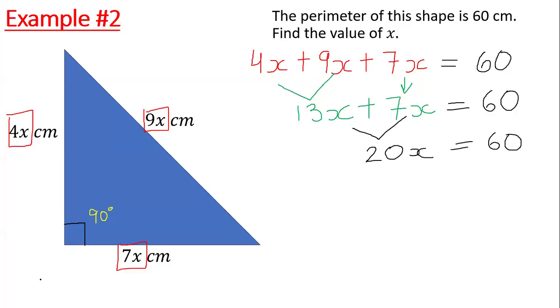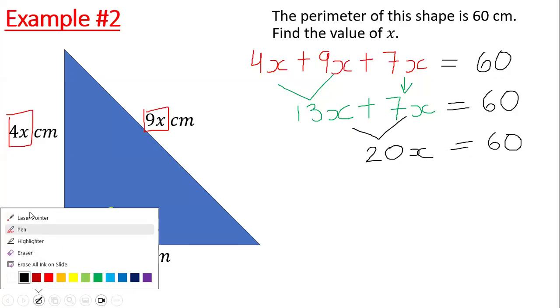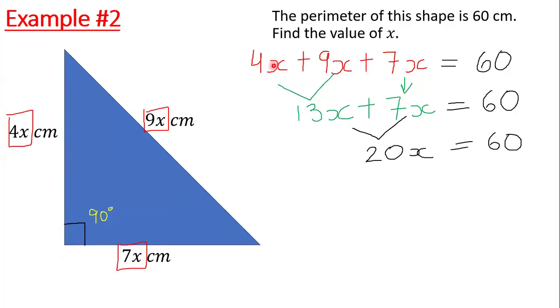Now let's quickly recap how we got 20x. We said 4x plus 9x gives us 13x. We bring down the 7x. So we have 13x plus 7x.